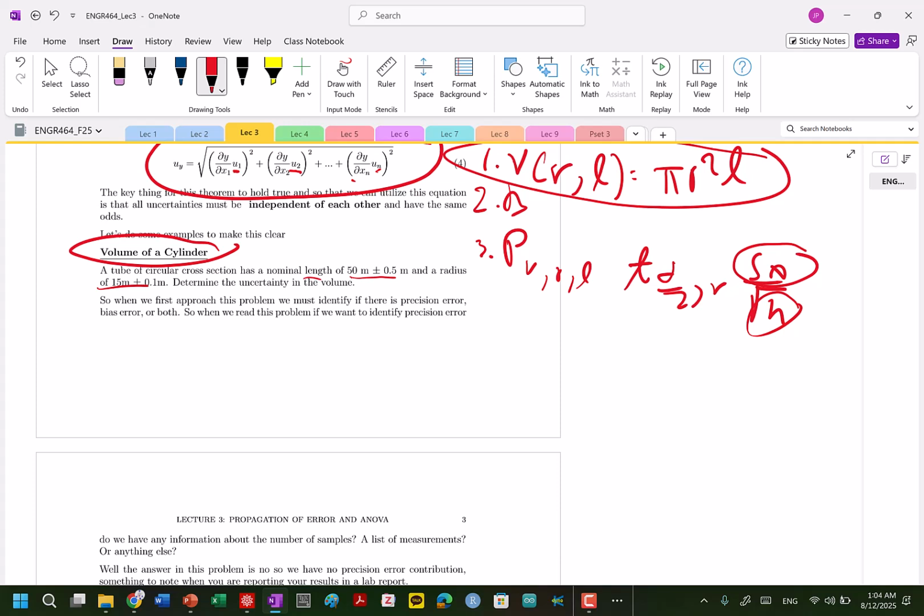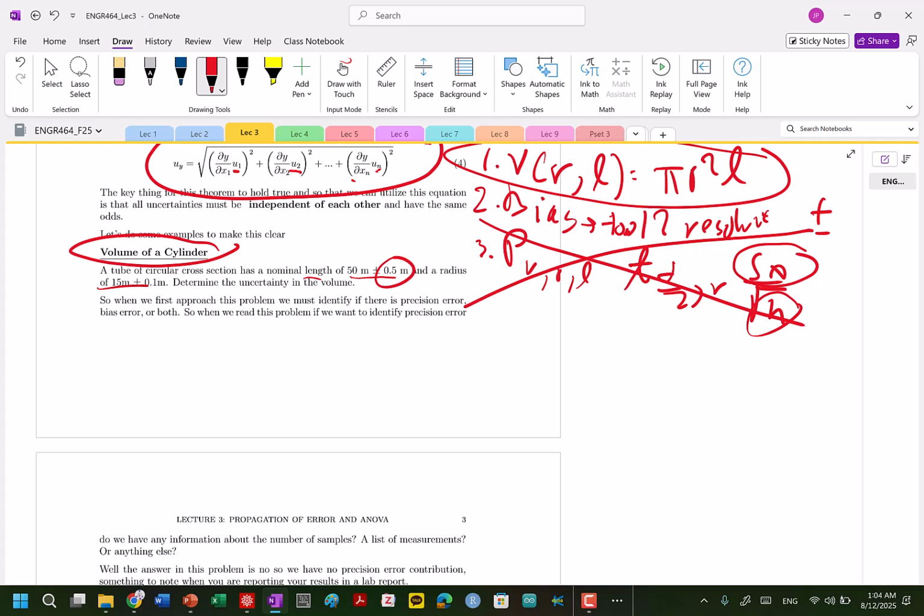No, we don't see that here. So there's no precision error here, so we can't calculate this. Now, that doesn't mean we can't continue on with our analysis, because for bias, do we know the tool? Are we given basically a resolution limit? Are we given a plus or minus? We are given a plus or minus here. So how can we break this down?